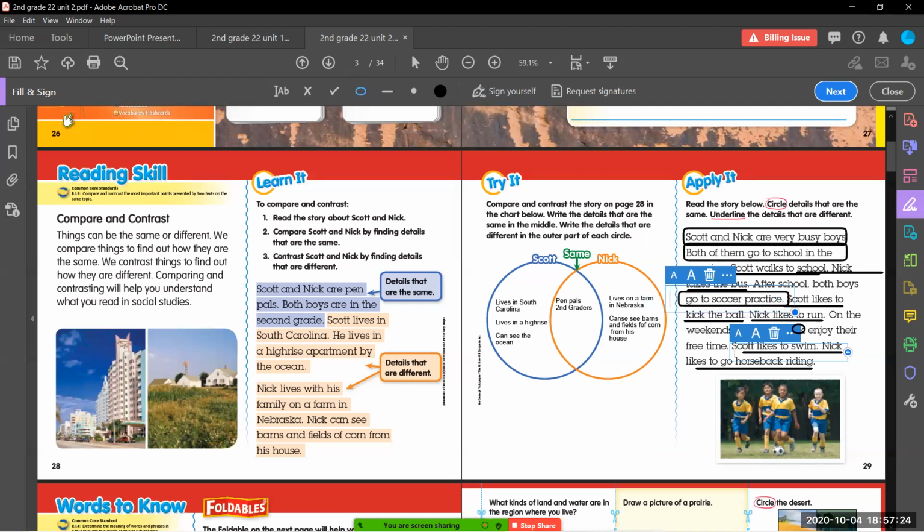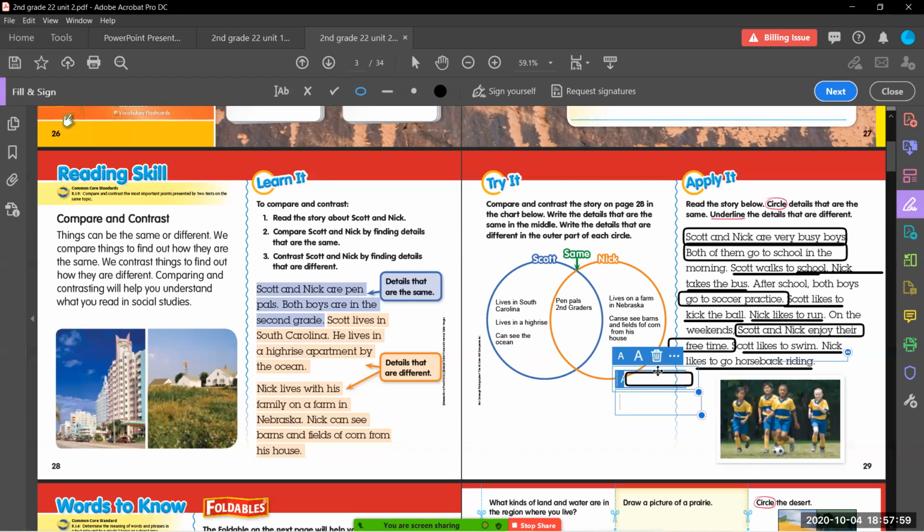All right, and on the weekend, they both enjoy their free time. So obviously, if you're doing this by hand, it's going to be a lot quicker than me trying to do it like this. But you understand the idea.